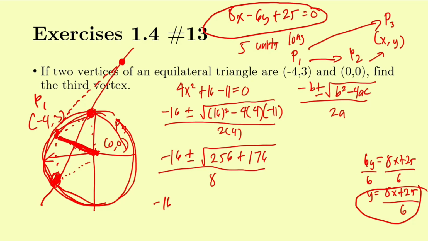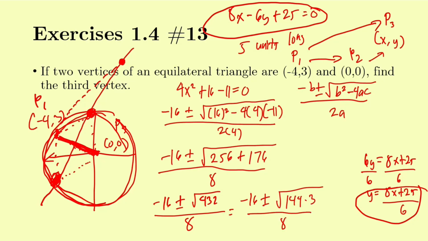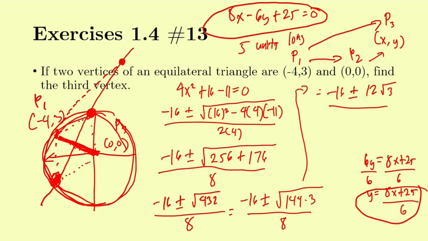This will become negative 16 plus or minus square root of 432 all over 8, which is equal to negative 16 plus or minus square root of 144 times 3 all over 8. 432 is equal to 144 times 3. And then, from that, we can express this as negative 16 plus or minus 12, because 144 is a perfect square, square root of 3 all over 8.